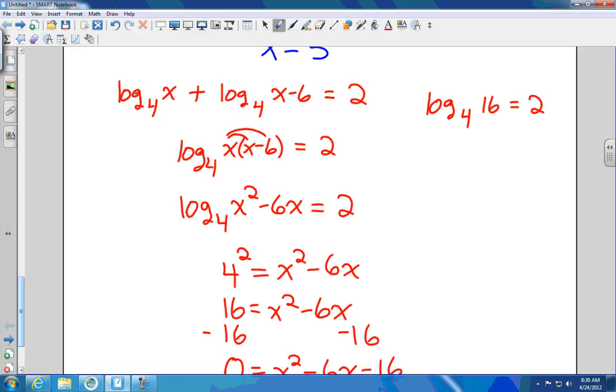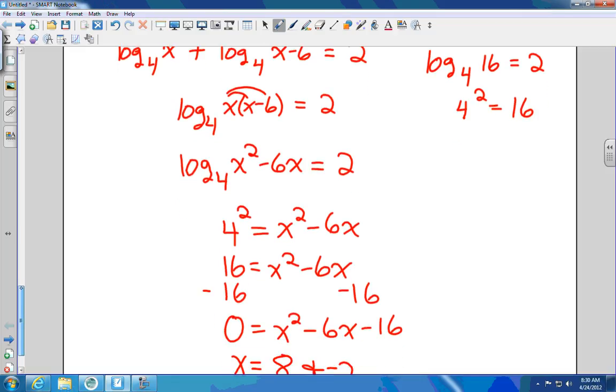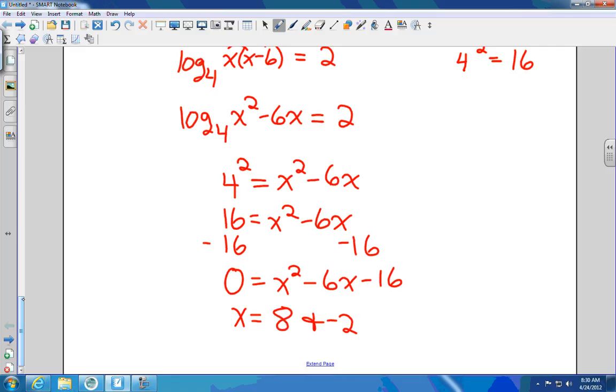Does that check out if you put it in exponential? 4 squared does equal 16. So 8 checks out. If we put negative 2 in right there, remember from last time, you can't have a negative in that part, so negative 2 does not work. 8 is your only solution.